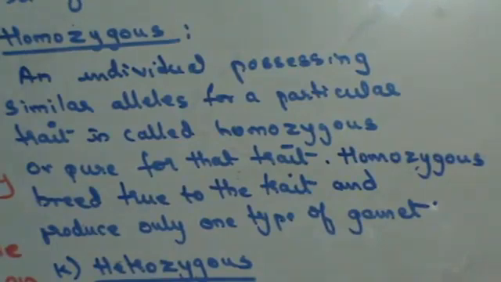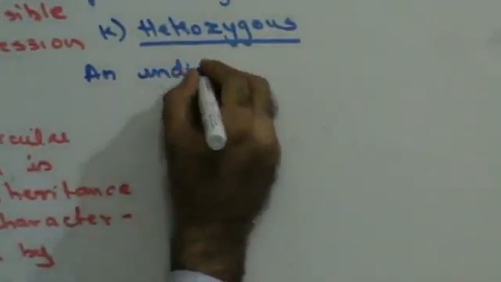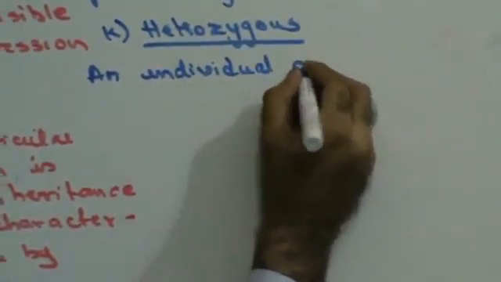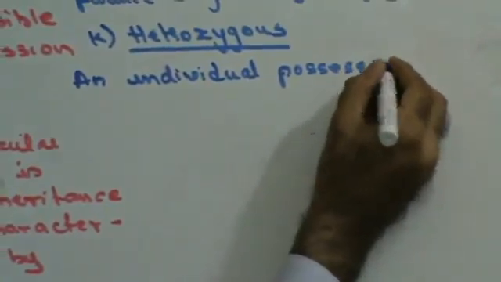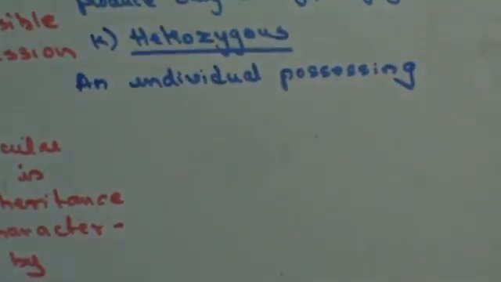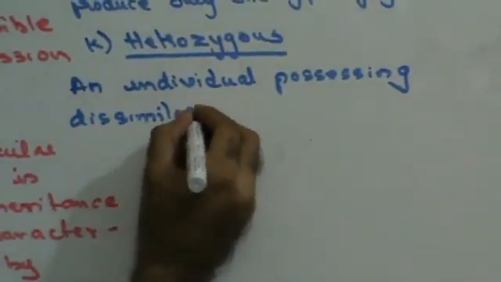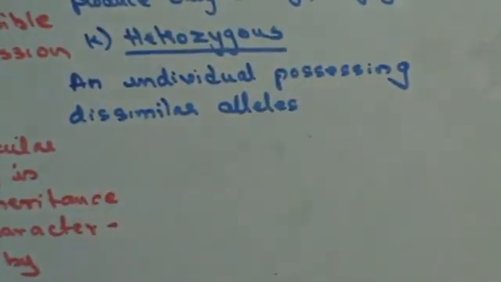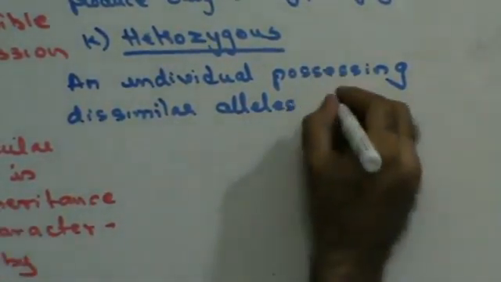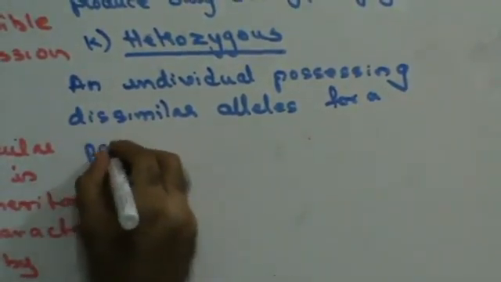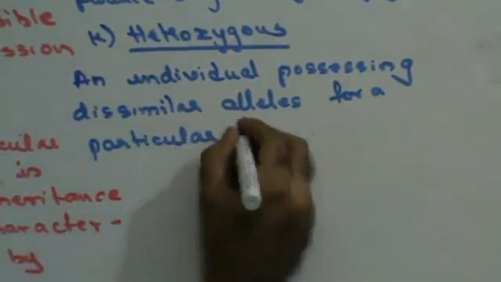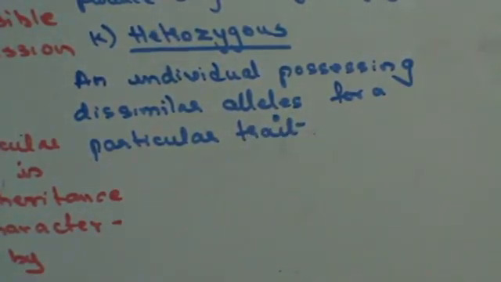Heterozygous is an individual possessing dissimilar alleles for a particular trait.